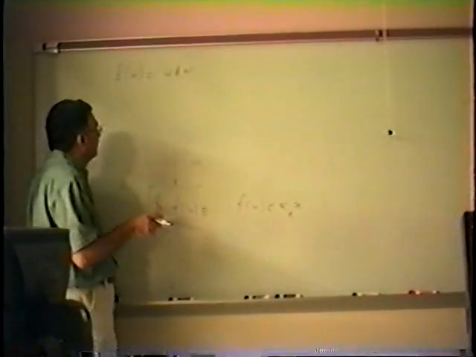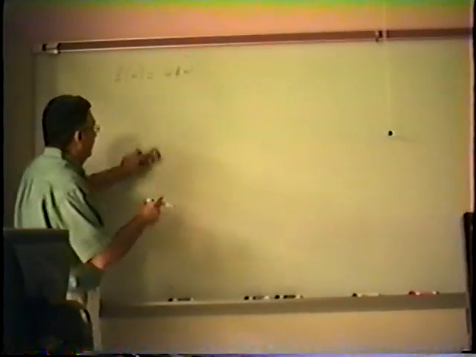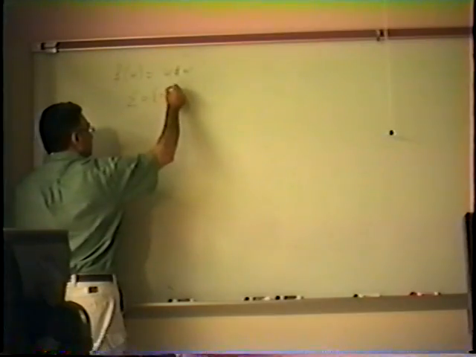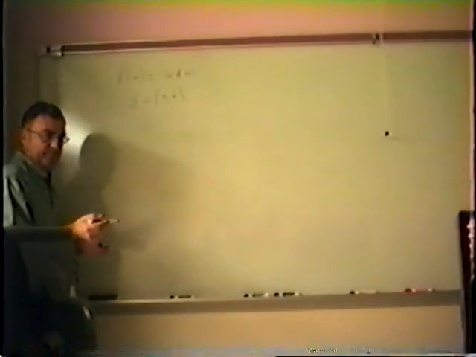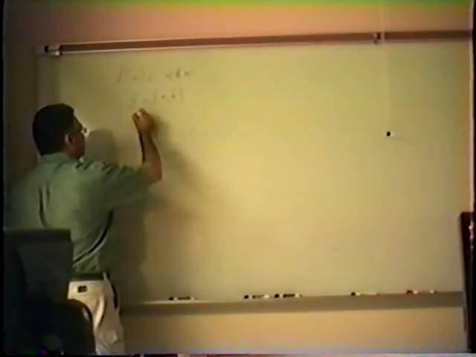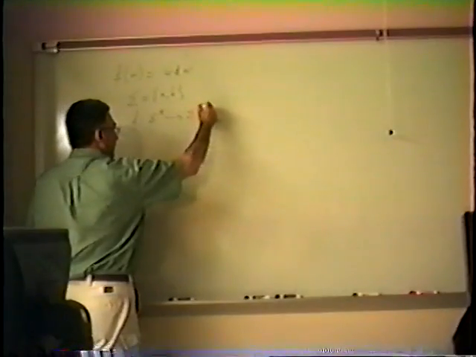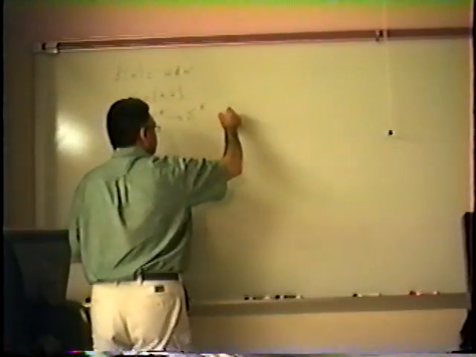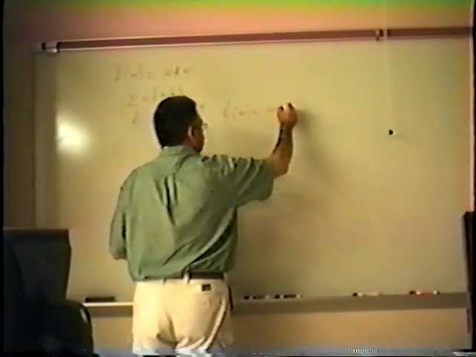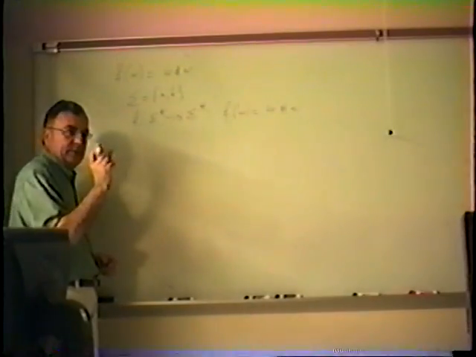So this is a function from sigma star to sigma star, and let's say the alphabet is A, B. Now the question is, where does the tape start?